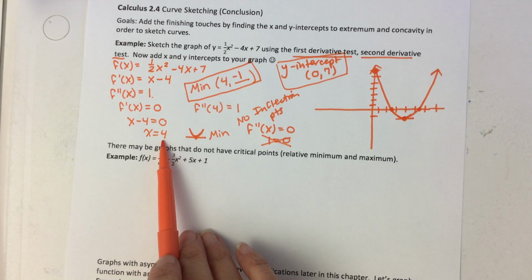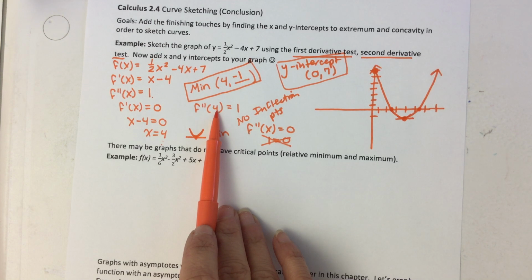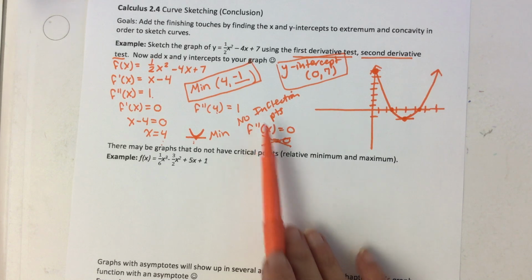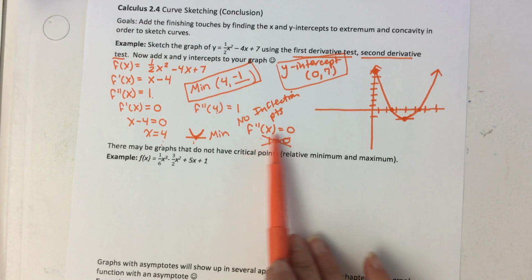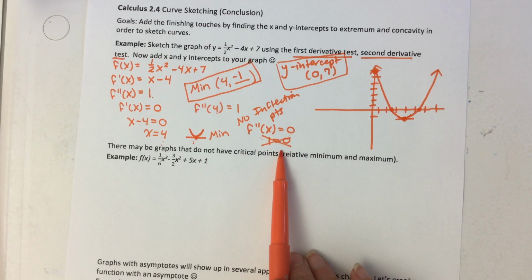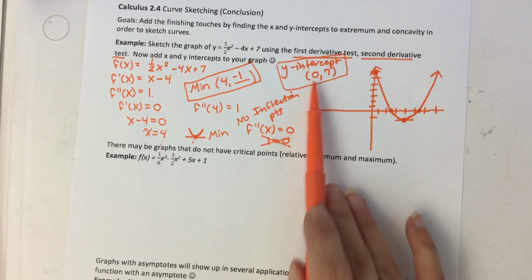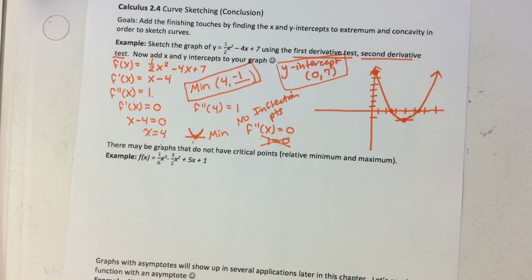To see if they're maximums or minimums, you fill them into the second derivative to see if it's concave up or concave down. Inflection points, second derivative, set it equal to 0. This graph happened to not have any. Y-intercepts, x equals 0. X-intercepts, you will use skills like factoring and the quadratic formula. Here is our sketch. Yes.